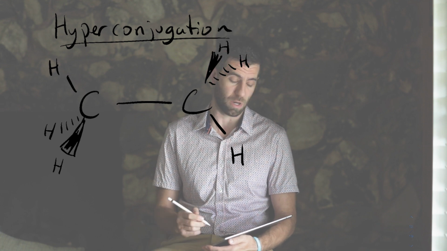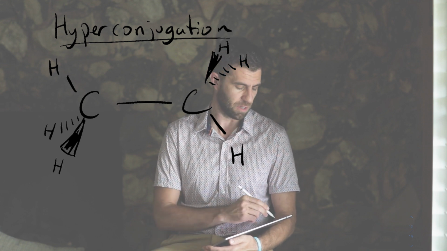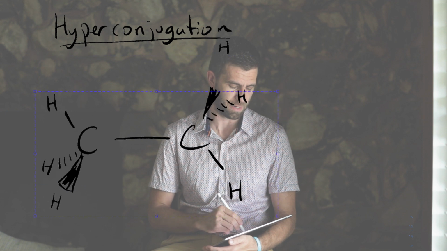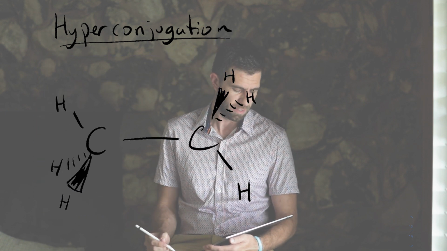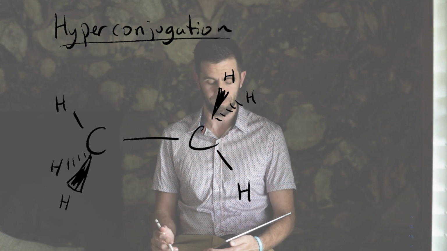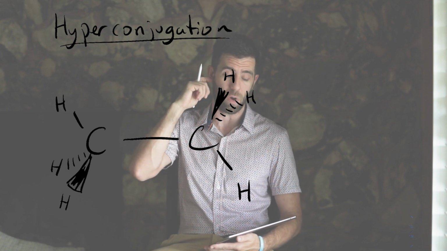The most stable conformation, right? So this is our staggered conformation right here. And let's go ahead and make things a little happier. There we go. So this is going to be our most stable conformation. And I want to talk about why.